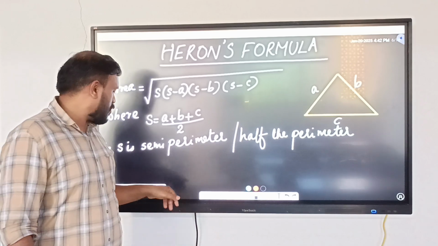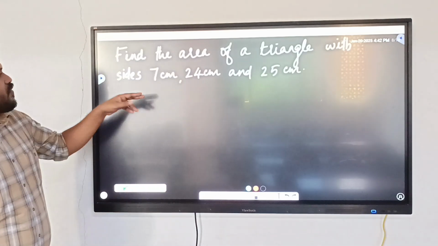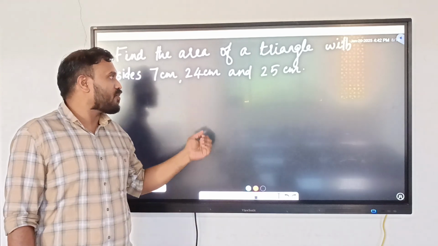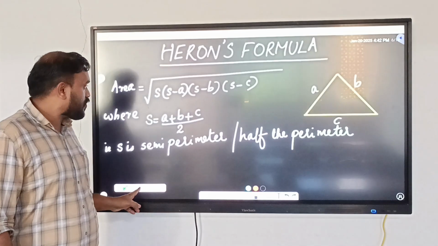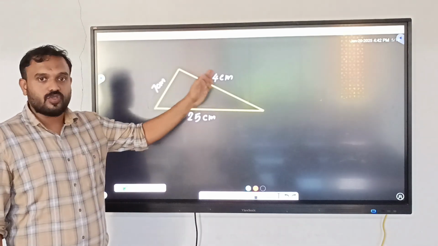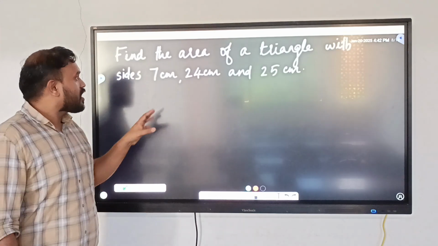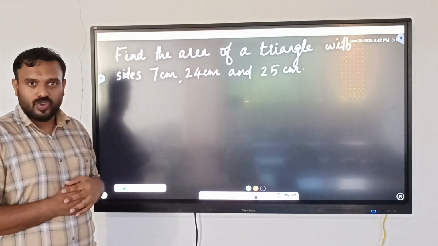Now let's do a question by using this one. Find the area of a triangle with the sides 7 cm, 24 cm and 25 cm. This was our first question. Then how can we find the area of this triangle? We have to use Heron's formula.